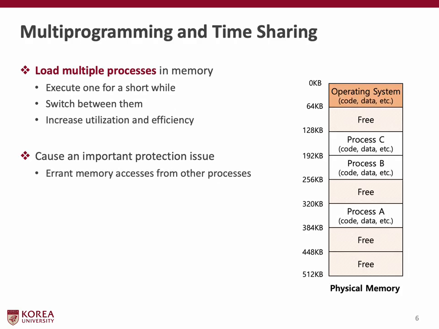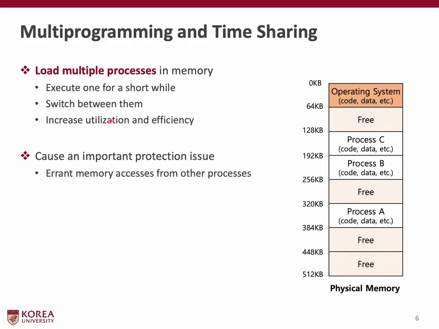To mitigate this problem, the operating system employed new execution models which are called multi-programming and time sharing. Under these execution models, the operating system can load multiple processes into the main memory at the same time.